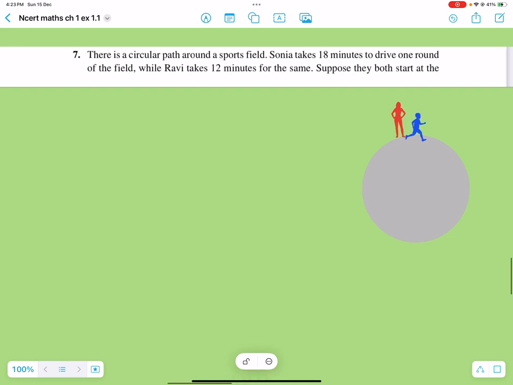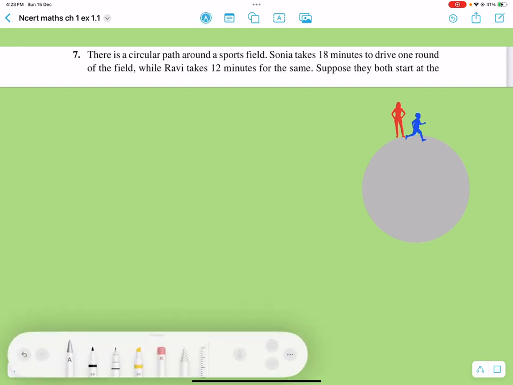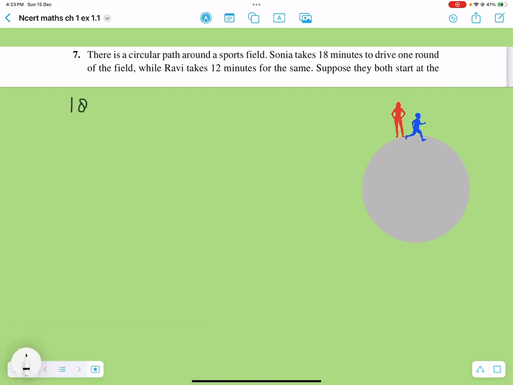So Sonia takes 18 minutes. So 18 would be 2 multiply 3 squared, and Ravi takes 12 minutes, so that will be 2 squared multiply 3.